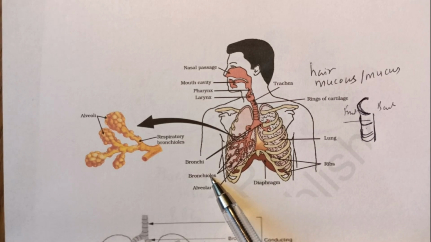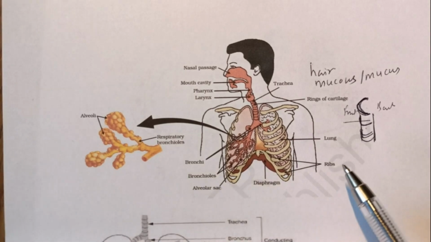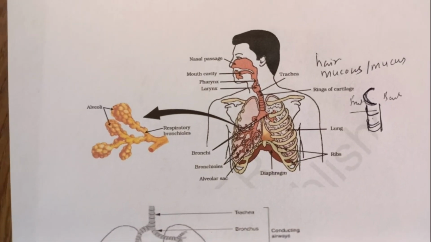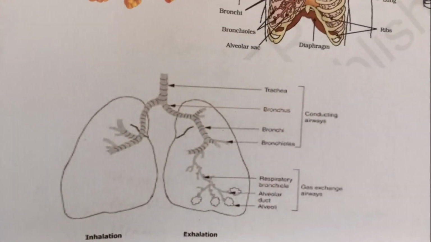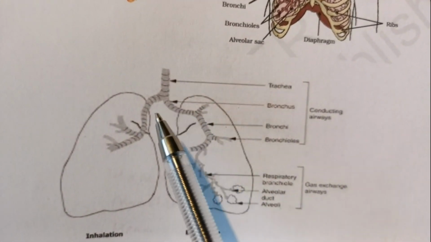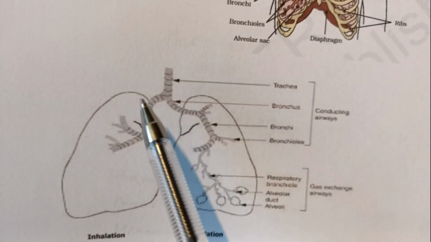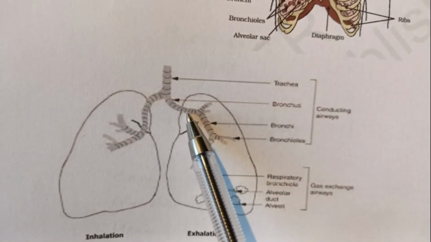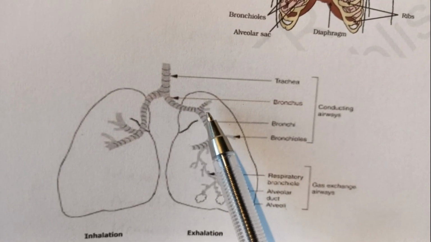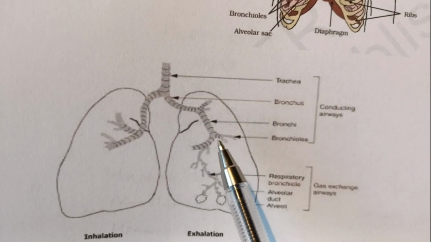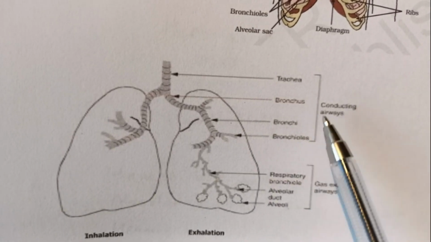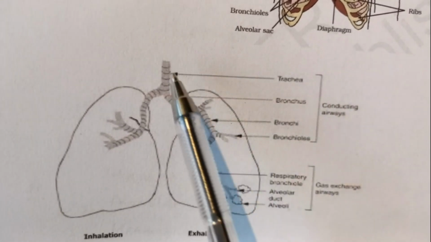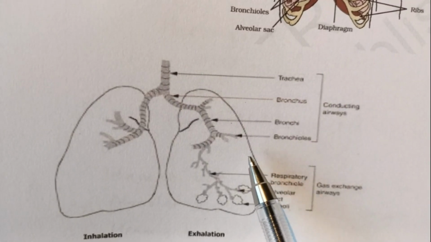Bronchioles then lead to respiratory bronchioles. I'll show you that in this diagram. The trachea divides into two bronchi, the right and the left. The bronchi divide into further smaller bronchi and bronchioles. These are conducting airways. They conduct the air.